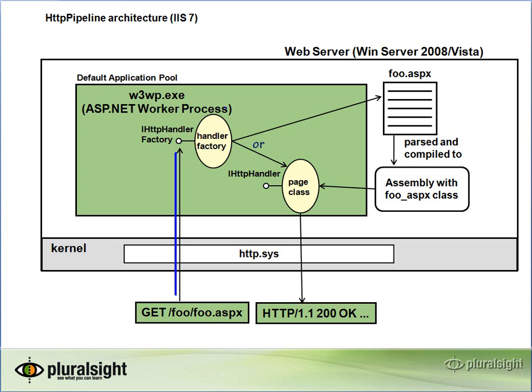And again, the same stuff happens over here that happened before, the whole parsing, compiling. The first time, but then subsequent times it'll just load it directly from memory. So IIS 7 obviates the need for the ISAPI model if you don't want to use it. You can simply map things directly onto managed classes in ASP.NET.